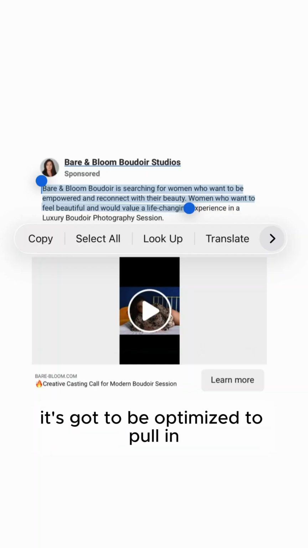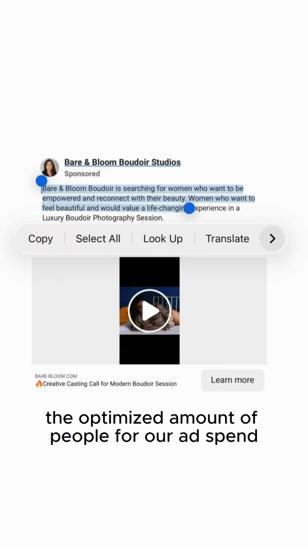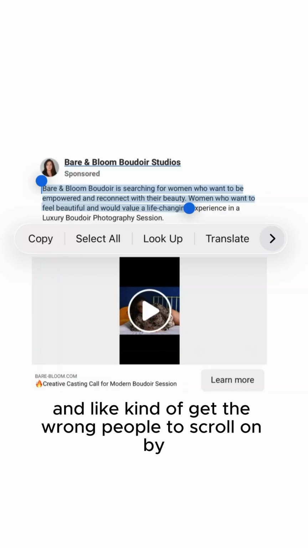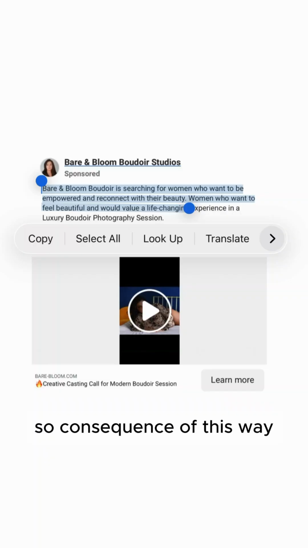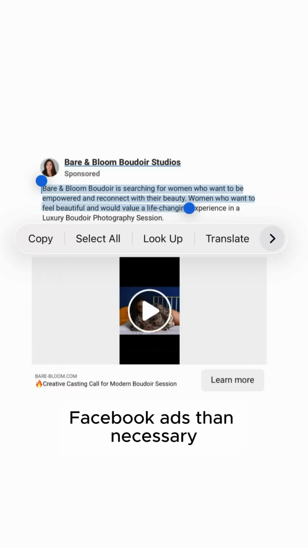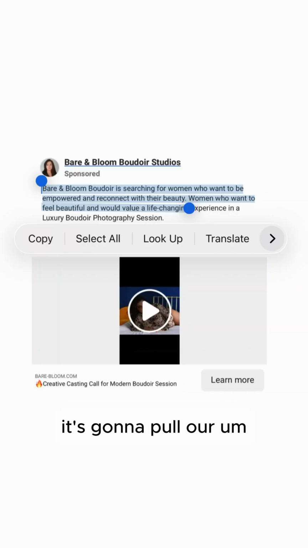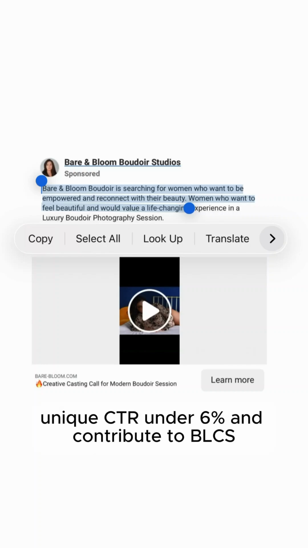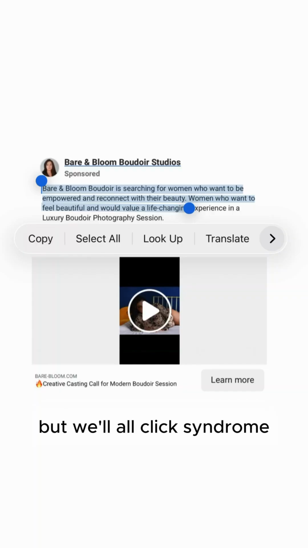It's got to be optimized to pull in the optimized amount of people for our ad spend and get the wrong people to scroll on by. So the consequence is way more people are going to be scrolling by our Boudoir Facebook ads than necessary. It's going to pull our unique CTR under 6% and contribute to BLCS, Boudoir low click syndrome.